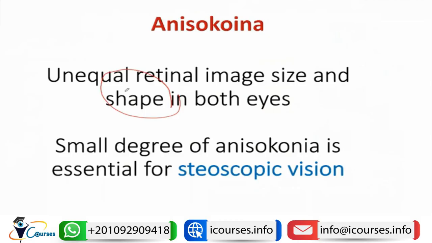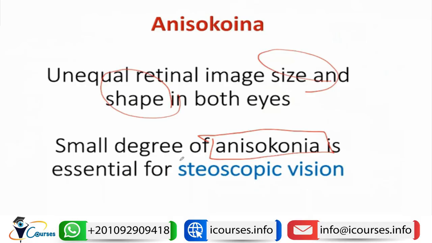So not only the size, but also the shape will make a difference, and all will cause confusion at the brain level. However, note that a small degree of aniseikonia is important for stereoscopic vision. This will be discussed in much more detail when we go through the binocular vision lecture in physiology.